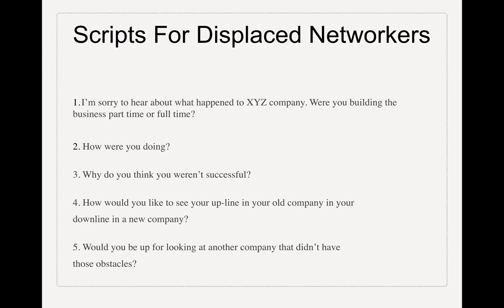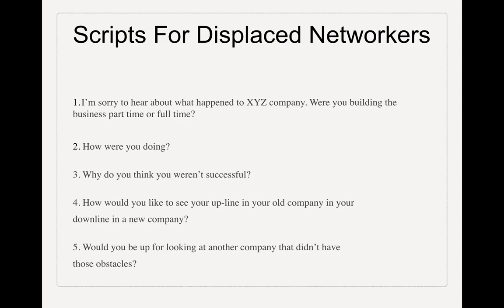Probably not all of them, but even 500,000 people out there are very good prospects. We can target them and start talking with them. So this is a type of script that applies to displaced networkers.